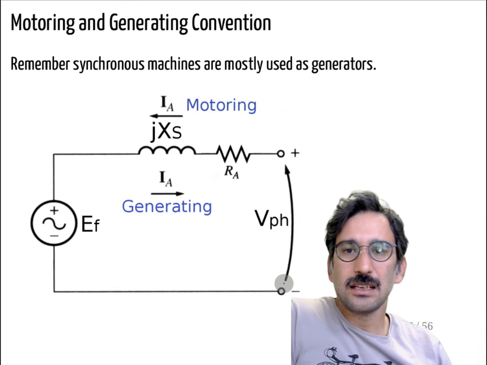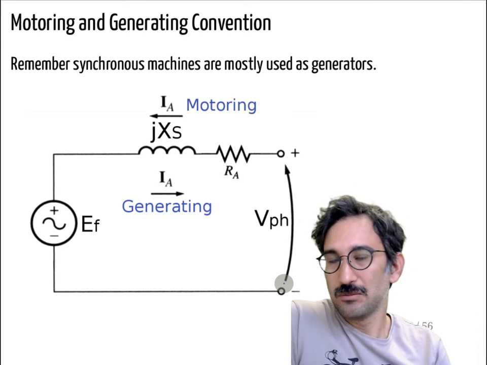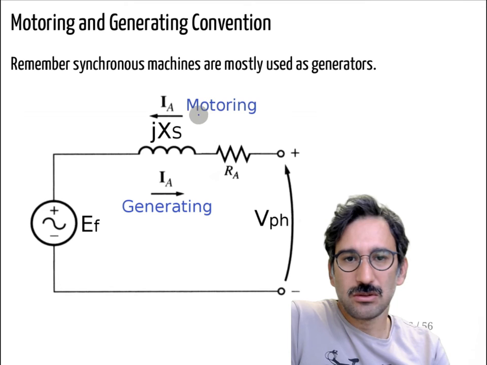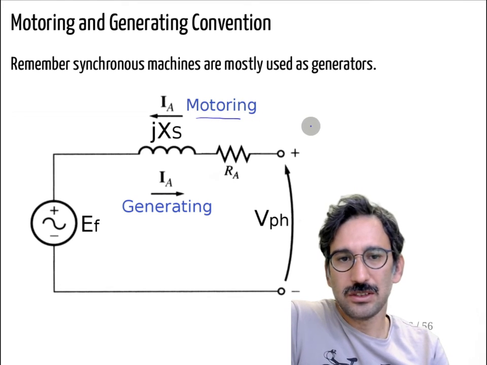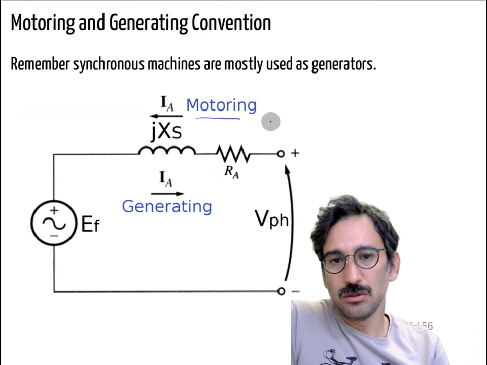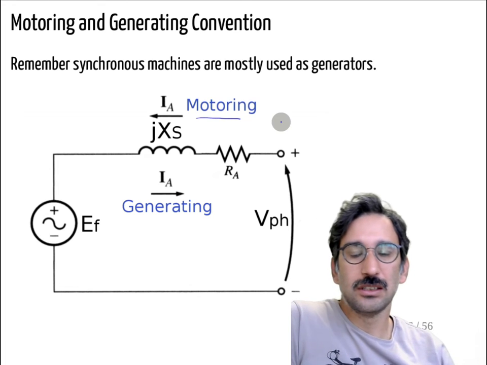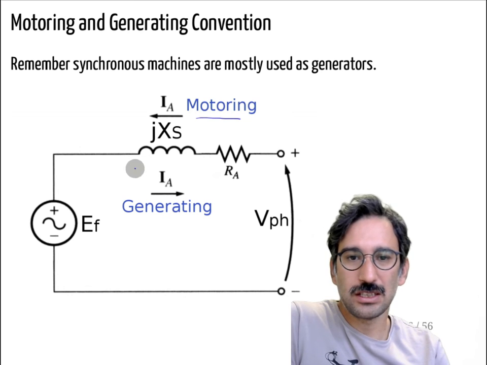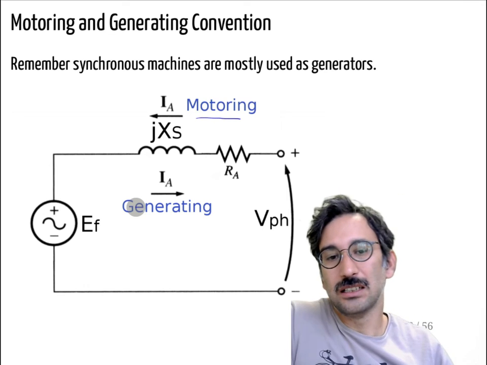Again, this is the convention. A synchronous machine can operate either as a generator or as a motor, and we use this convention just to show the power flow. If it is motoring, I will use the convention as if the current is getting into the machine, or if it is working as a generator, I will show the current going out of the generator.